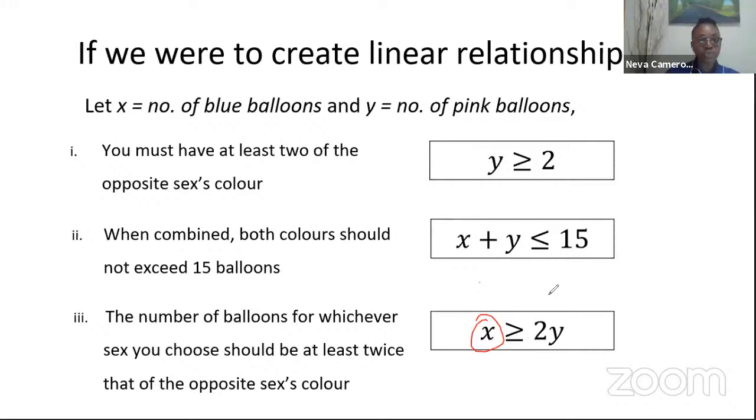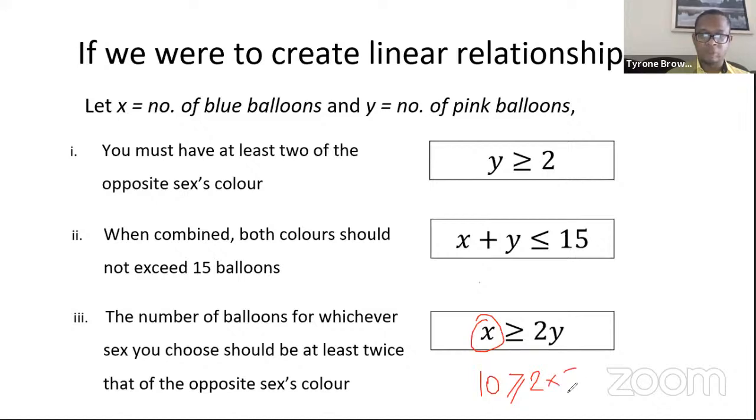So we had 10 blue, and that 10 is greater than or equal to 2 times 5. Or we could have used 13 and 2, because 13 is greater than or equal to 2 multiplied by 2.